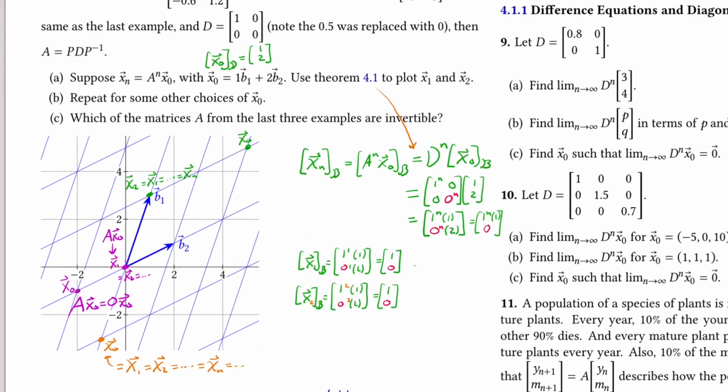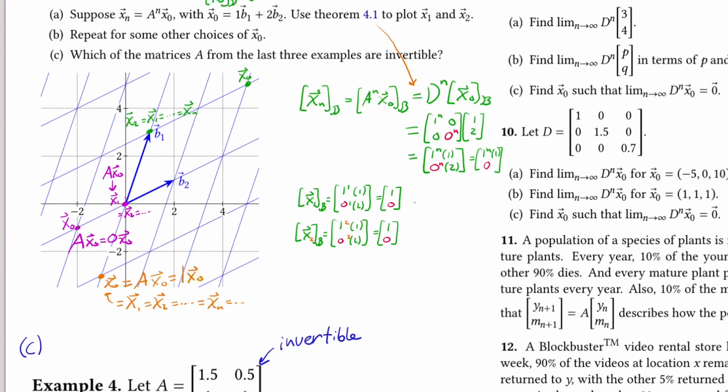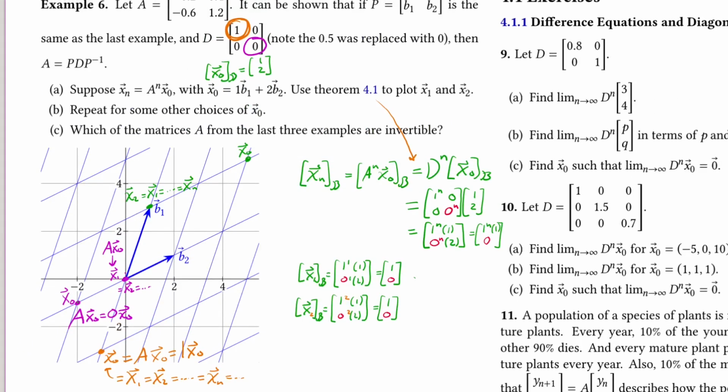And maybe you notice that 0 is this diagonal entry of this matrix. And also 1 is a diagonal entry of the matrix. And when you do A times this orange x0, you just get 1 times x0. It doesn't change it. That's not a coincidence.